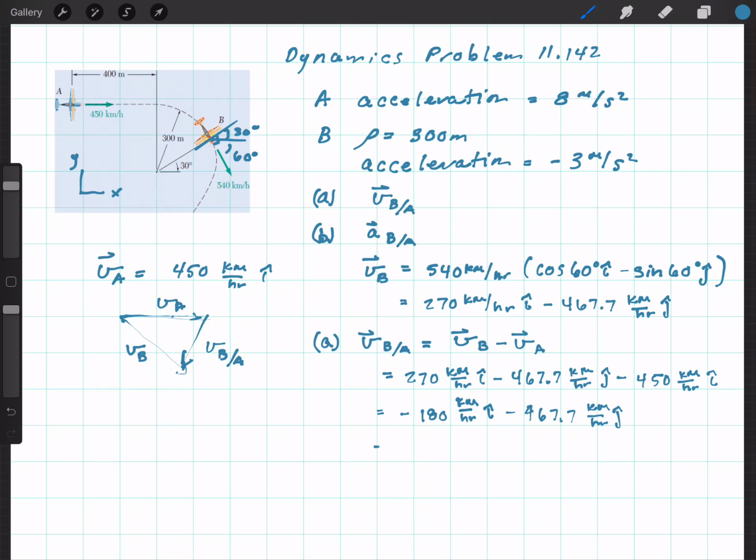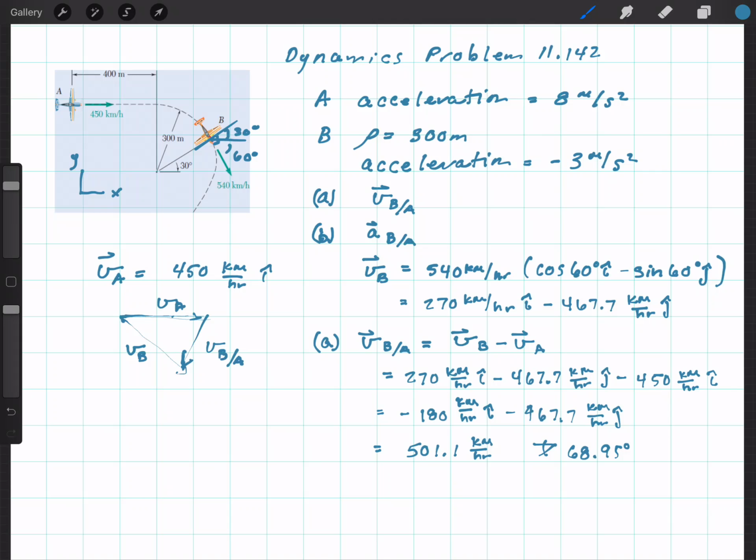We can combine these using the Pythagorean theorem. This is going to equal 501.1 kilometers per hour. That would be the hypotenuse of the triangle given by negative 180 i minus 467.7 j. And then we can find our angle, which would be 68.95 degrees. And that is the solution to part A.